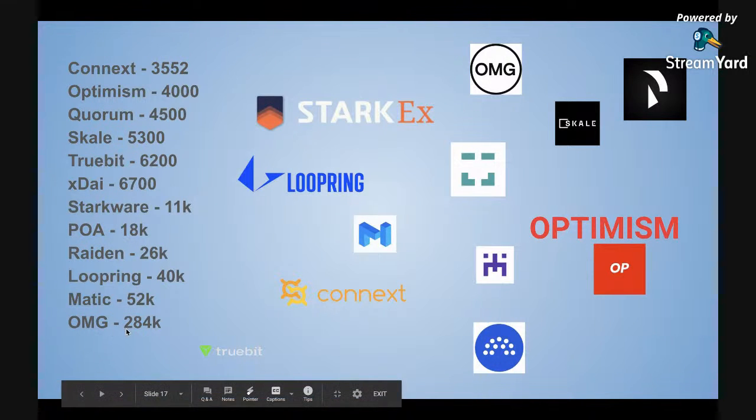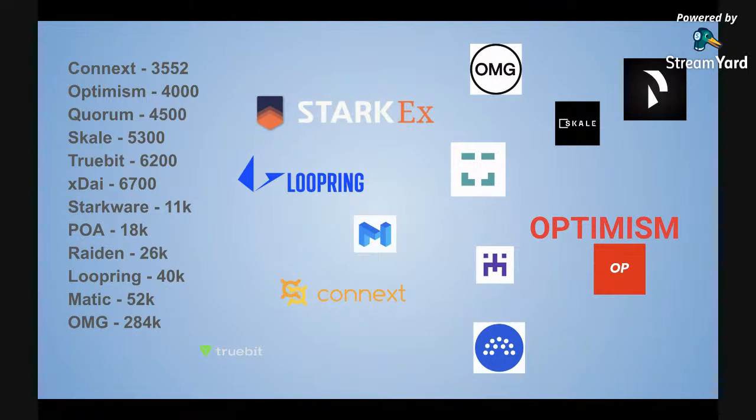But it's notable that OMG Network has 284,000 Twitter followers, which I at first thought was linked to their support for Tether, USDT, but Tether's only got about 50,000 followers, so obviously just huge marketing budgets. This is just a basic table to talk about the popularity of these different solutions.